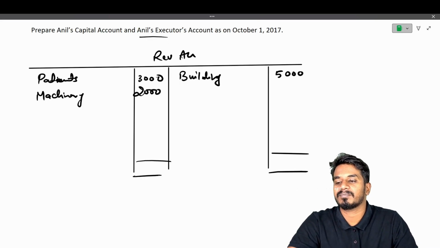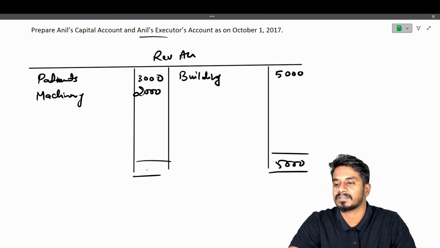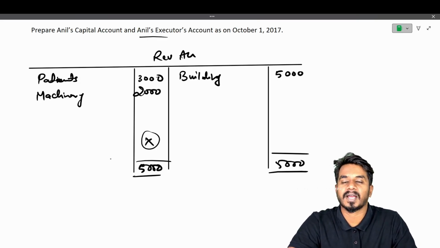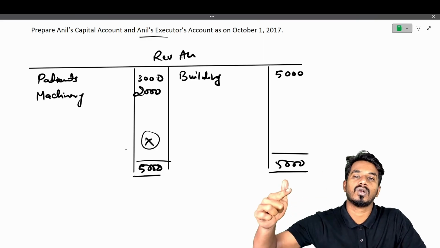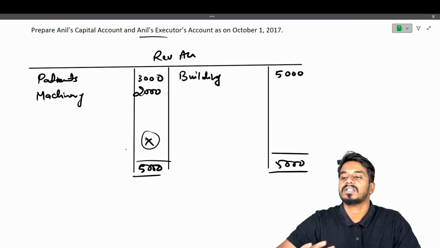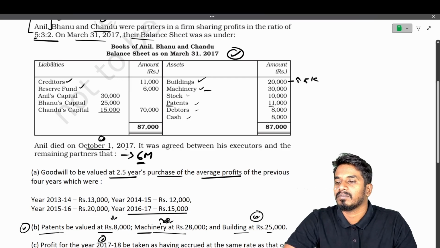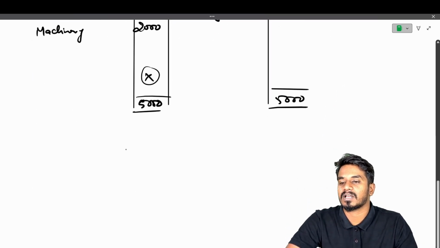Apart from that, nothing is there in the revaluation account. 3 plus 2 is 5,000, so we are not getting any balance here. We are not having any profit or loss in the revaluation account. Fine, understood. Next, we have to create Anil's capital account and the executor's account also.